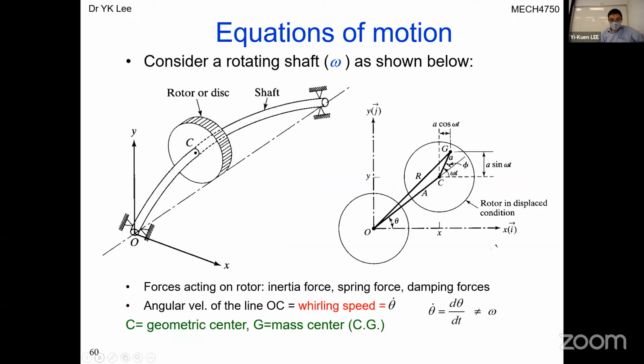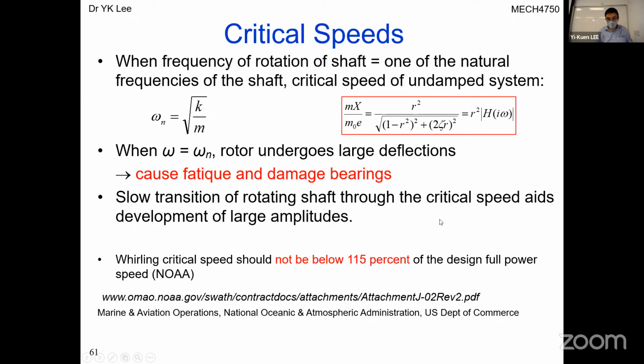For this kind of problem, we have actually discussed before: you consider the rotating inertia and the additional offset, and then we can predict the critical speed that causes large vibration.